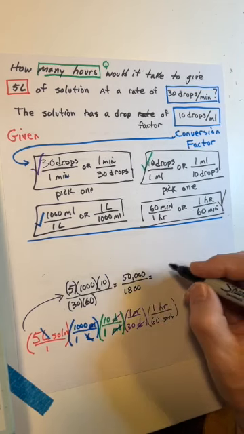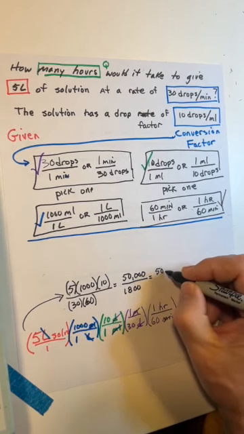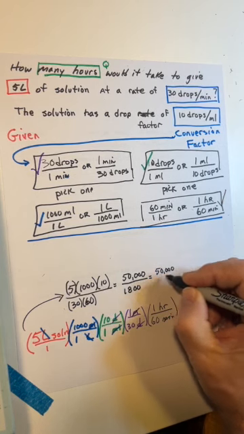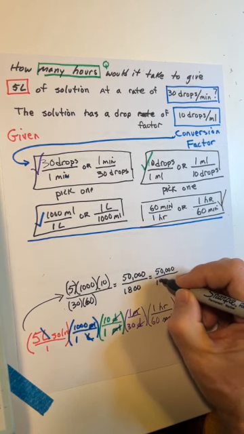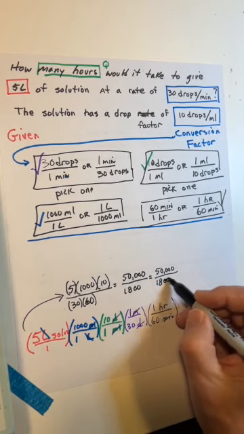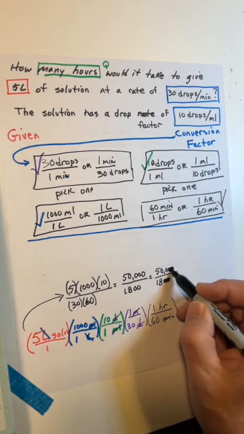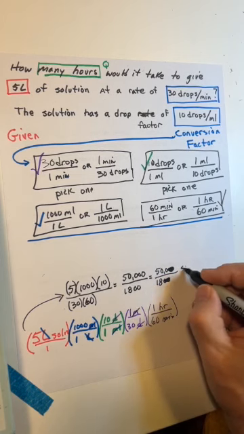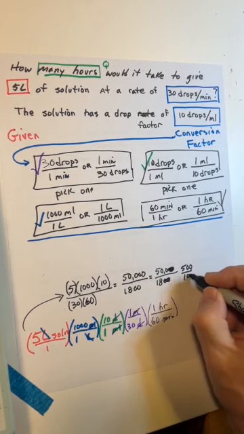And I'm just going to show you a shortcut. Because we have 2 zeros here, we can just cross out 2 zeros there. And then we have 500 over 18.